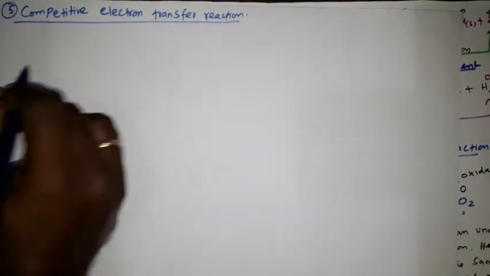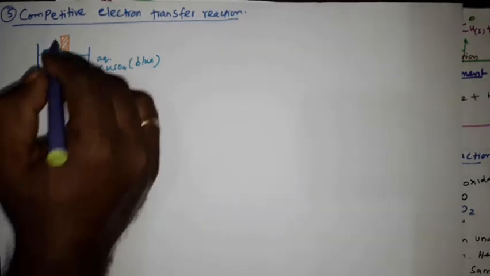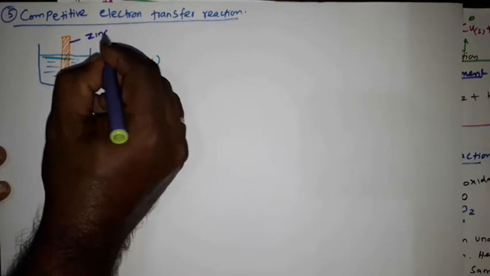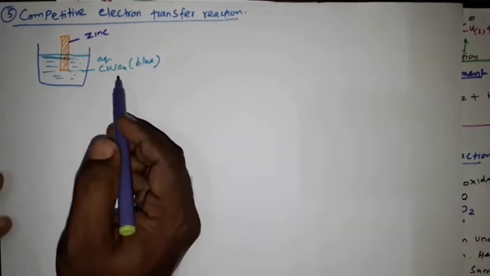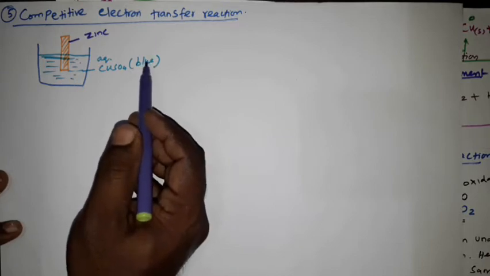So in the previous video we discussed the metal displacement reactions. We studied one example, the reaction between zinc and aqueous copper sulfate solution. The color of aqueous copper sulfate solution is blue.